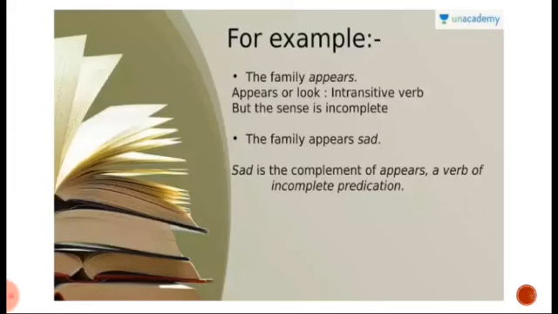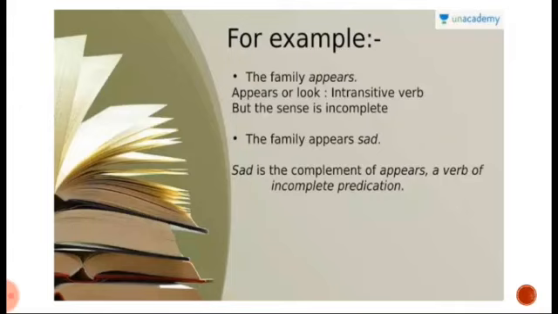See again here an example. The family appears. Family is the subject, appears is the verb. Apart from this we have nothing, so it is an intransitive verb. But see here, the sense is incomplete. The meaning is not complete.